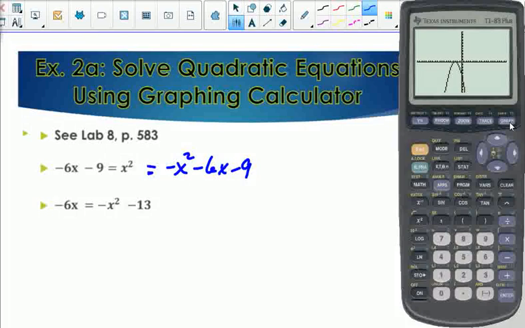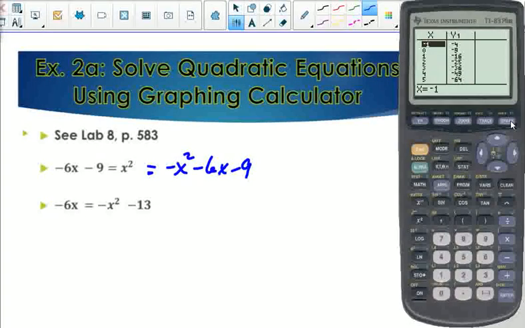Now you can see that it crosses the x-axis in only one place. So there's only one x value that it will be in. One way to find it is if you hit the second button and go over to graph and hit graph, you'll see a table. You want to find out what is the x value when y is 0.